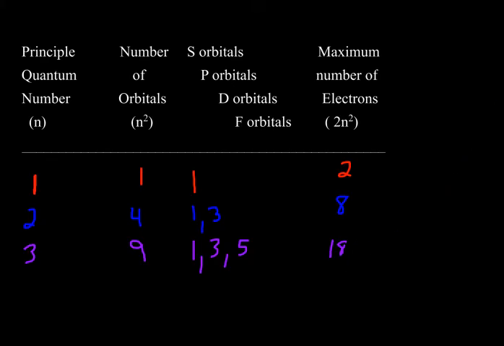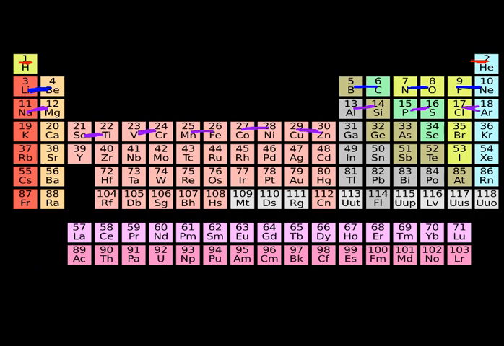Cool. One more row to do. So if we're in principal quantum number 4, we should have 16 orbitals available. Let's find them. 1 here, 2, 3, 4. We're going to skip down to here because this is row 4 of the D block. 5, 6, 7, 8, 9.